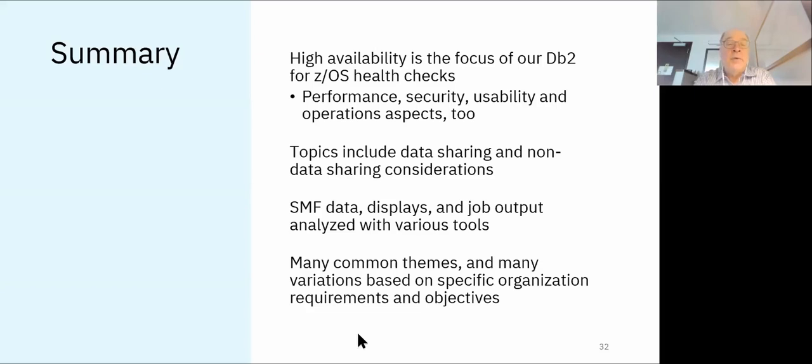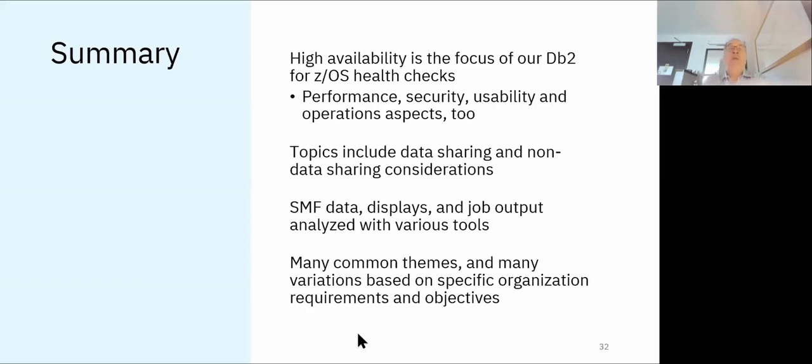As Tori described, we look at SMF data, we look at display output, we look at job output like DSNJU004 to understand the log environment. And so we take all this output, and then we have a variety of tools that we use to help us analyze and to direct our questions when we meet with the customers. There are many common themes that we tried to touch on, but we also encounter many variations because each organization has its own requirements and its own objectives.